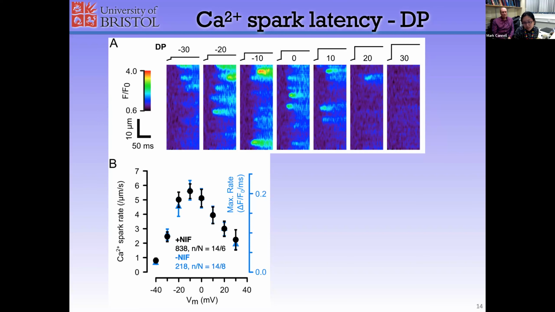And the similarity in the voltage dependence between these two curves suggests to us that the application of nifedipine, while it blocked calcium channels, did not markedly change their gating kinetics or the behavior of AC coupling.